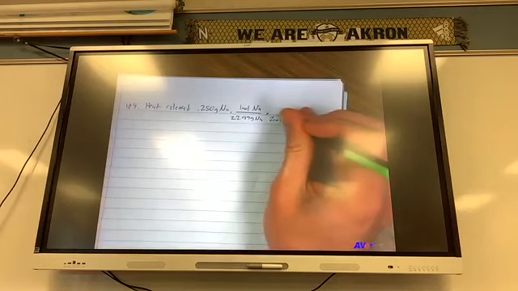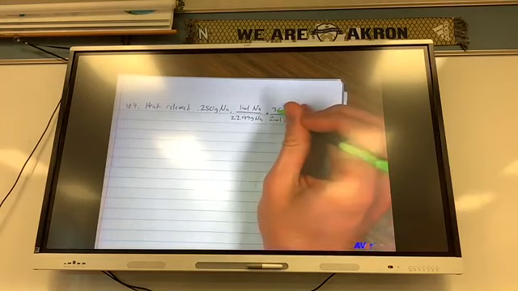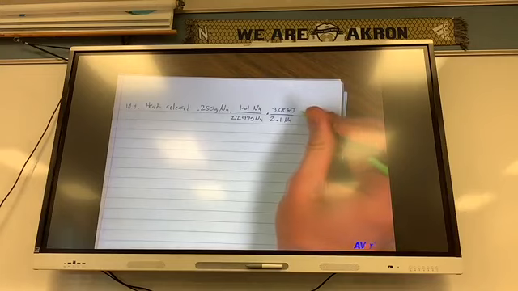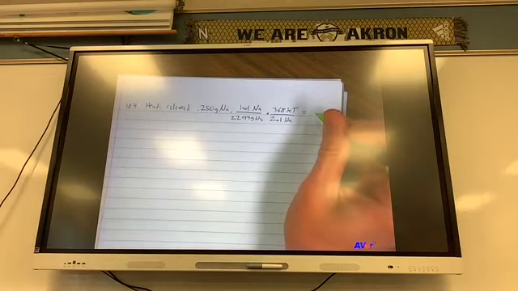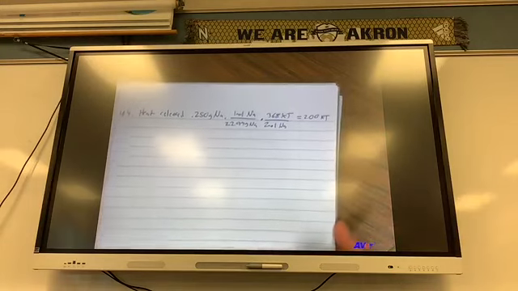For every 2 moles of Na, I get how many kilojoules? 368 kilojoules. Do you care if we use the positive or negative then? I don't care. But because I'm figuring out heat release, this should technically be positive, the way I wrote it. So that's going to be 2.00 kilojoules of heat released.